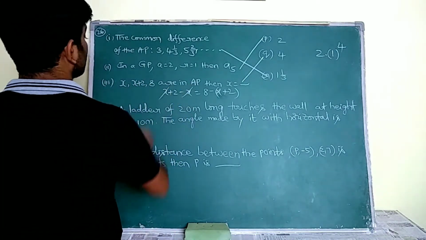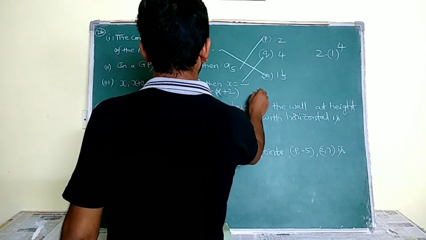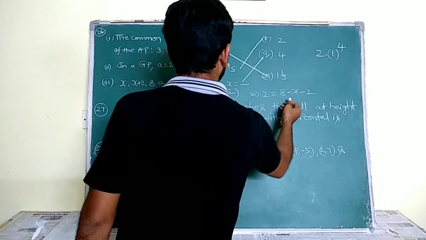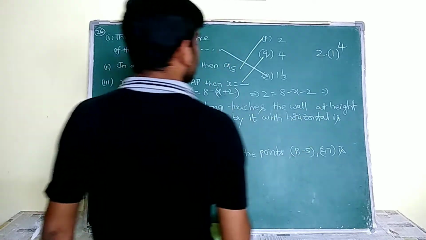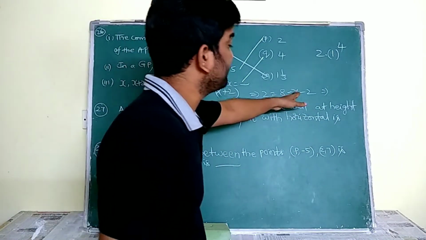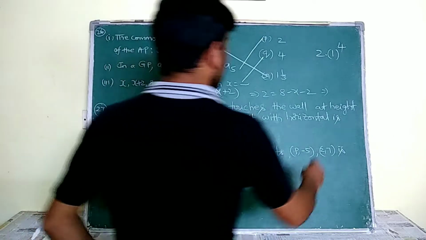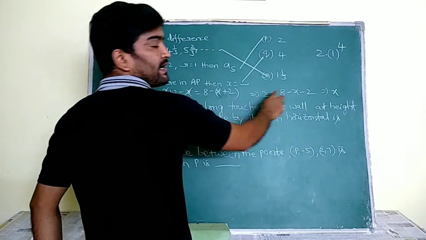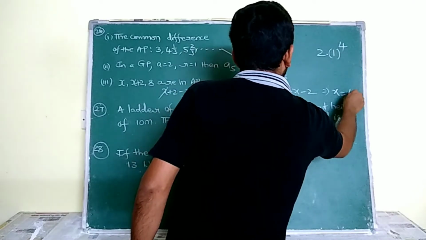Here, see ma, these x's are going to be cancelled. By this, 2 is equal to 8 minus x minus 2. So listen ma, by bringing this minus x to this side, it is x. Here I am going to have 6, and this 6 minus 2 is equal to 4 ma.